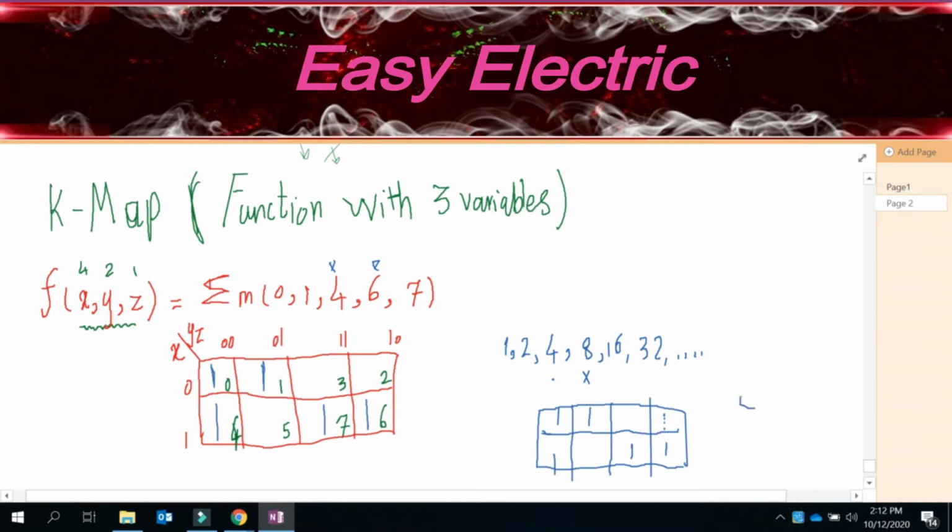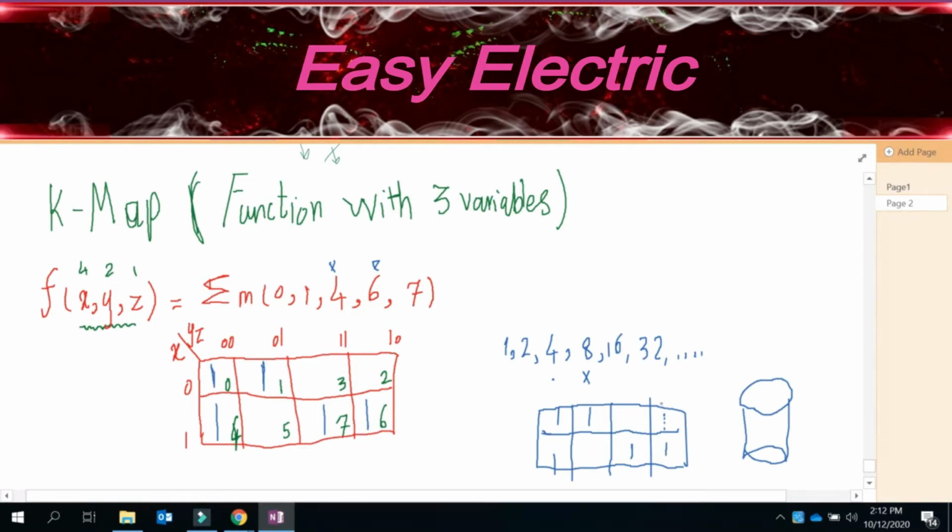That means you consider this like a cylinder. So whatever you have here somehow is connected to the other side. So you could say this one is neighbor with this one. You consider these shapes. So then you could say, okay, this one is adjacent with this one, okay?